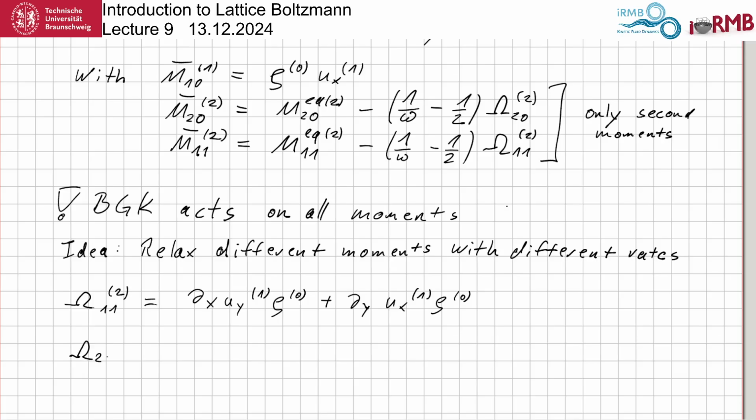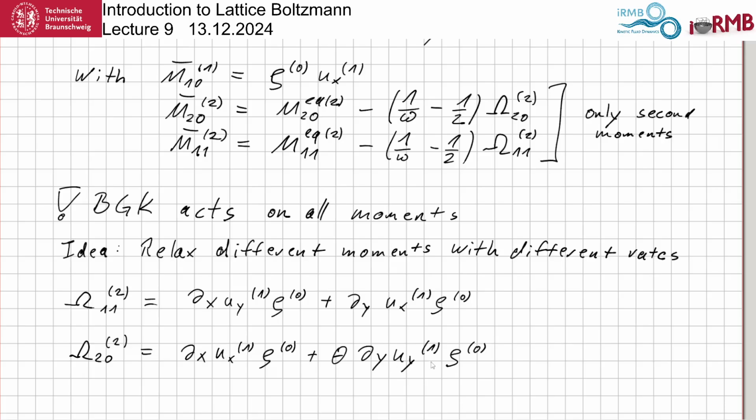And let's look at this omega 2,2 to second order. What we have here is dx ux first order rho zero order plus theta dy uy first order rho zero order. Okay, so if you don't remember these equations, you have to go back to lecture 6. Yeah, so this is where they come from.